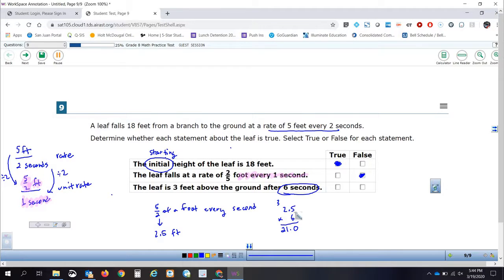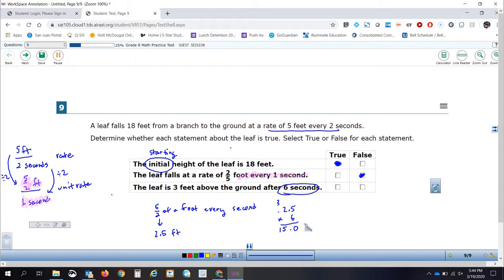Did I do that right? 6 times 5 is 30. No, something is wrong. 6 times 2, goodness gracious. Mr. Reeves, 6 times 2 is 12 plus 3 is 15. Where did I get 21? 6 times 2 is 12.